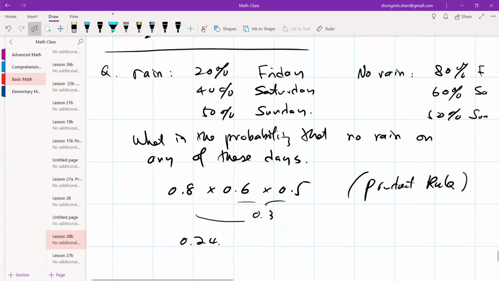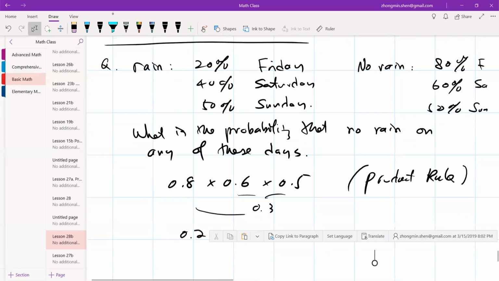The probability that there was no rain on any of the days, not on one of the days, is very low, because every day there was a chance of rain.